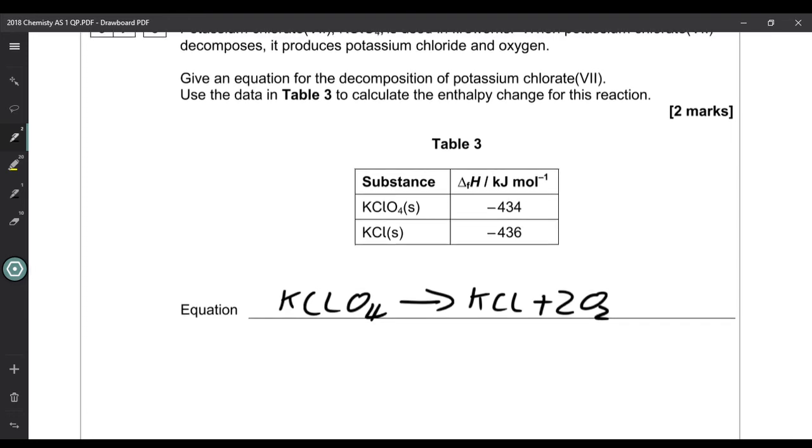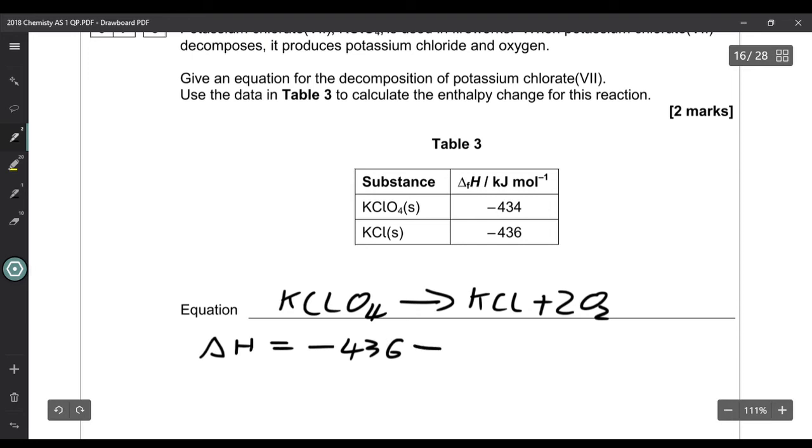So our enthalpy change is delta H, and that is going to be the enthalpy of formation for the KCl, which is minus 436, and we're going to take away the enthalpy of formation for the KClO4, so that is minus 434, which gives us an answer of minus 2 kilojoules per mole.